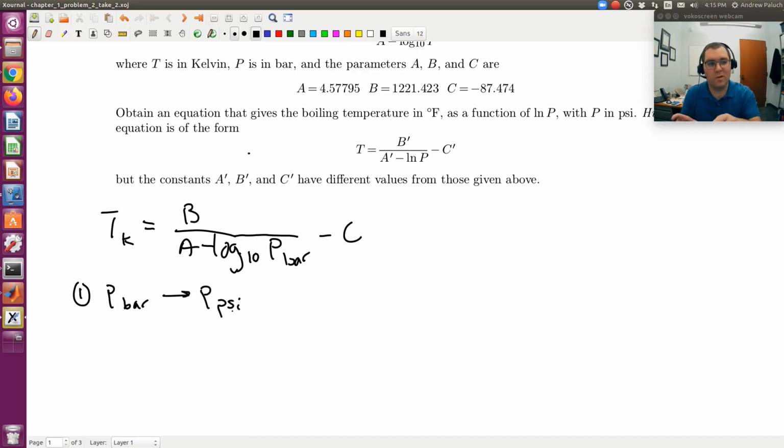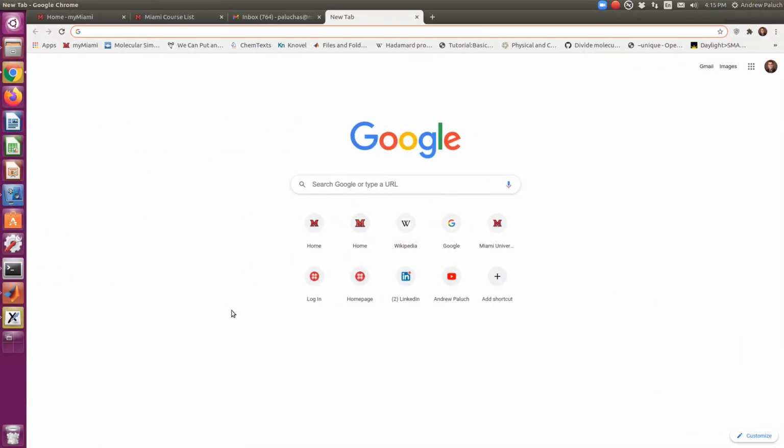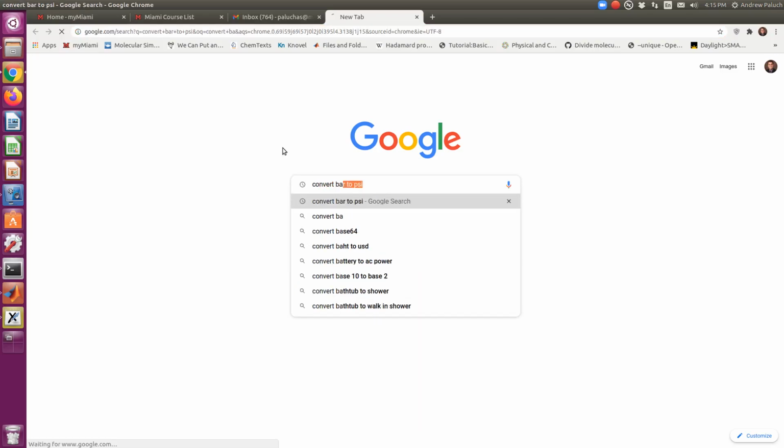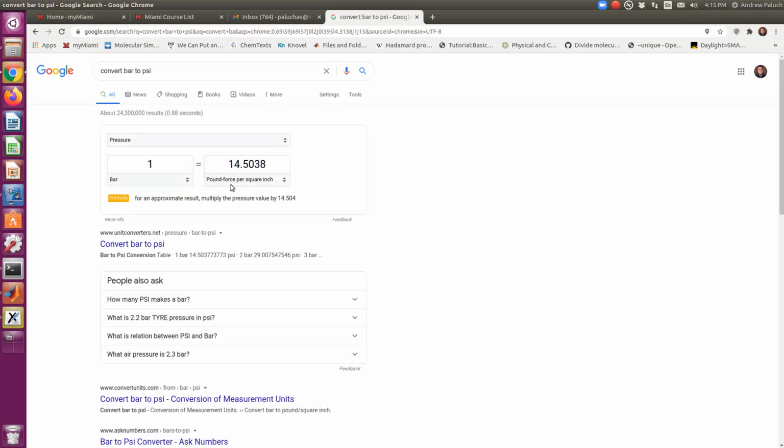To get it to work with this expression, I'm going to need to convert from PSI to bars. So I'm going to go over to a web browser and look up convert bar to PSI. Okay, so 1 bar is 14.504 PSI.